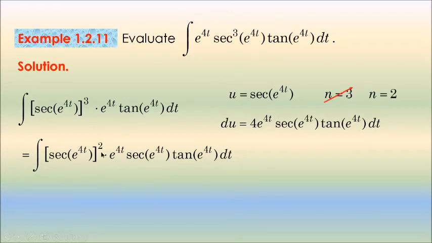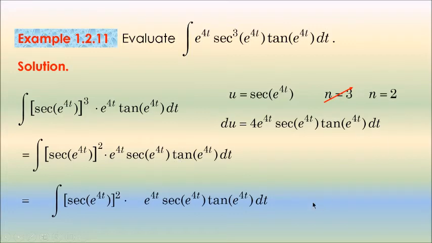Now, the exponent is 2 and not anymore 3. But if you check the differential of u, there is another missing factor, that is 4. Since it's a constant, we can supply that and then balance outside by 1/4.